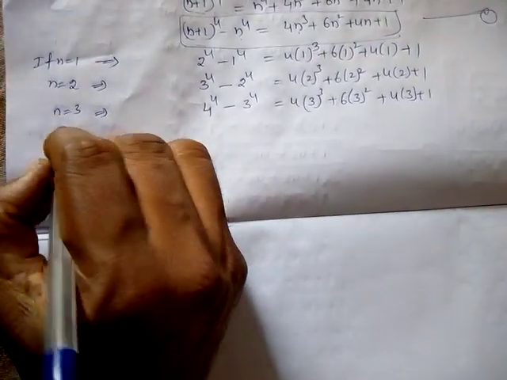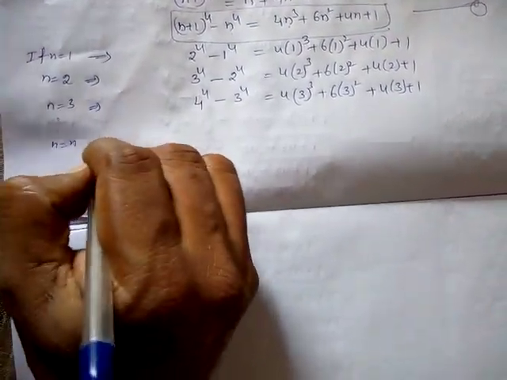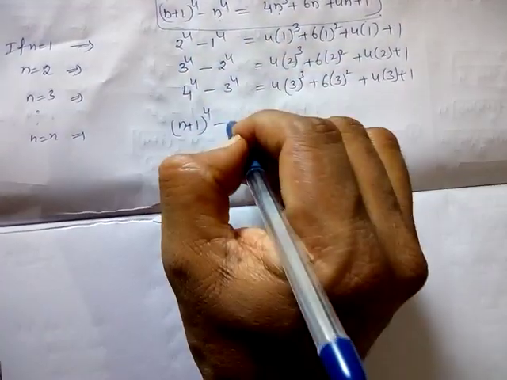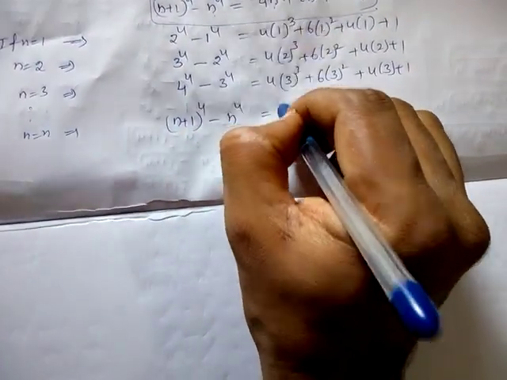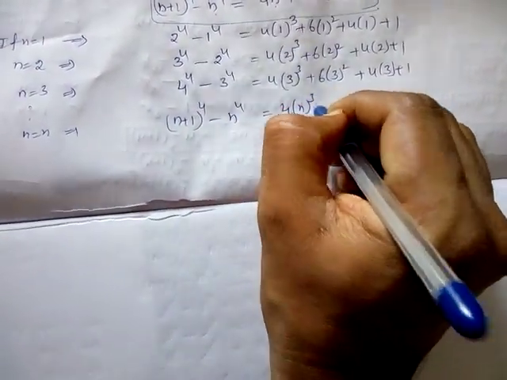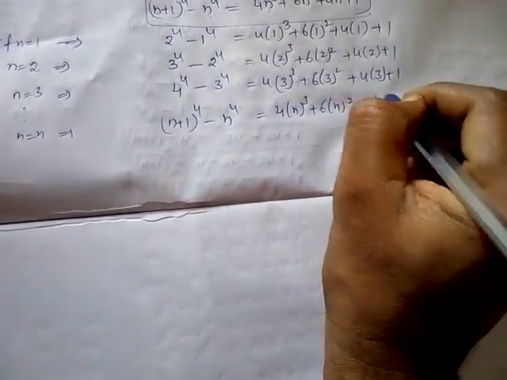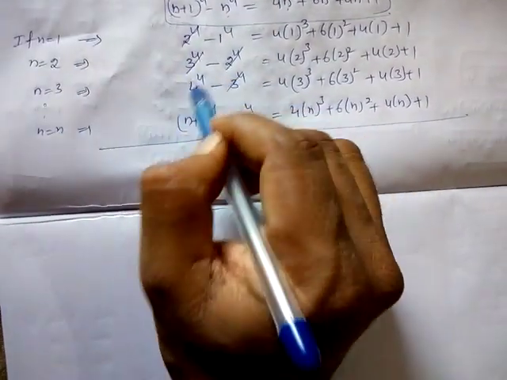Similarly, for n, (n + 1) to the power of 4 minus n to the power of 4 is equal to 4 into n cube plus 6 into n square plus 4 into n plus 1. So adding all these terms, plus term and minus term cancel, plus minus like this, so the middle terms also cancel.